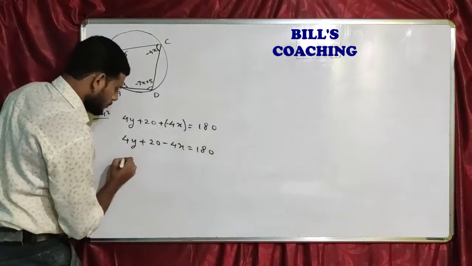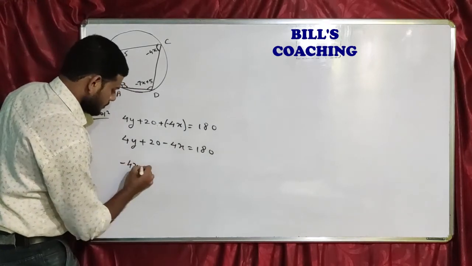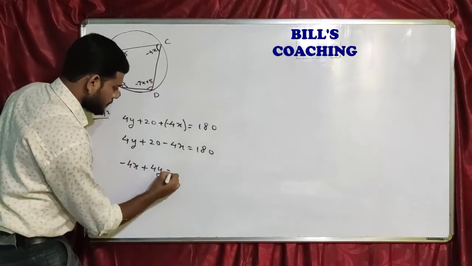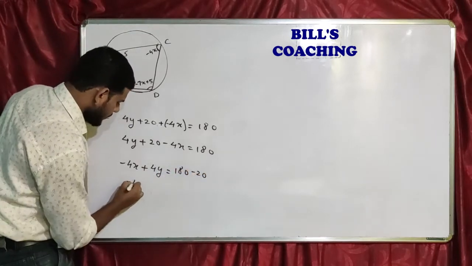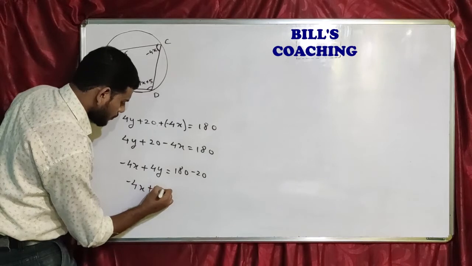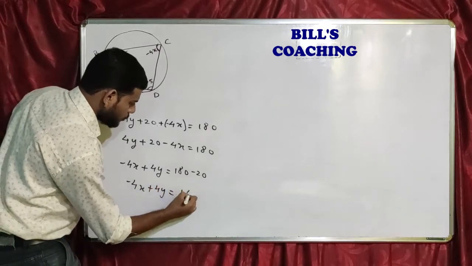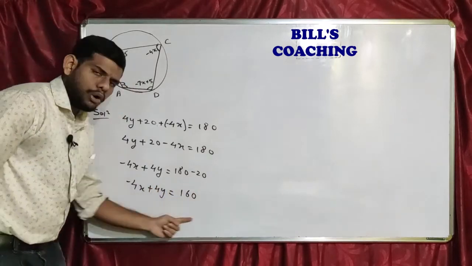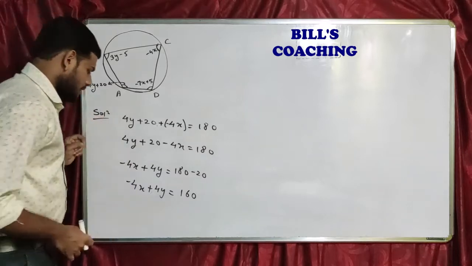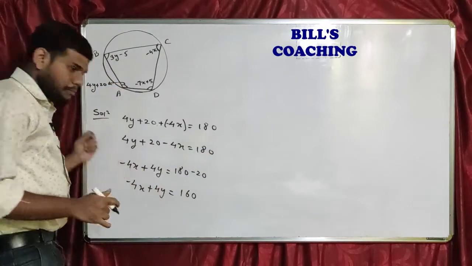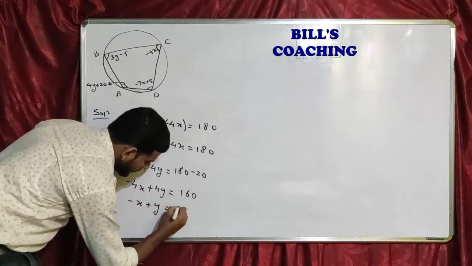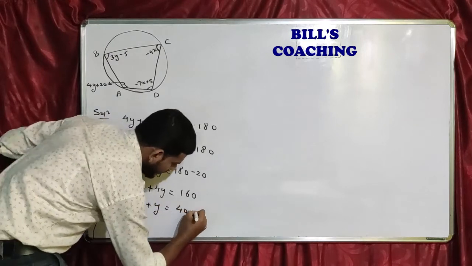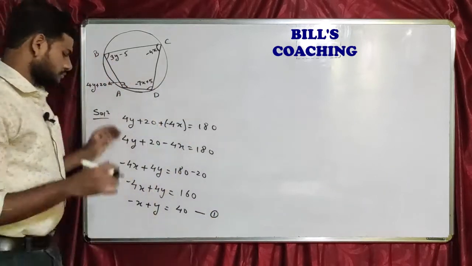Clear? Now minus 4x plus 4y will become 180 minus 20, and will get 4y is equal to 160. We can divide by 4. So what we'll get? Minus x plus y equal to 40, and let me write this as equation 1.